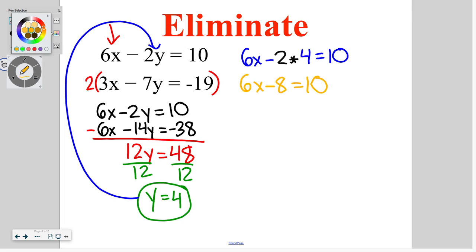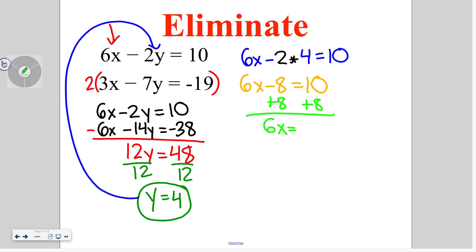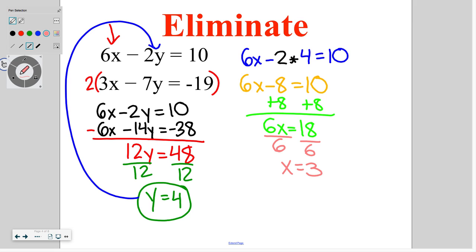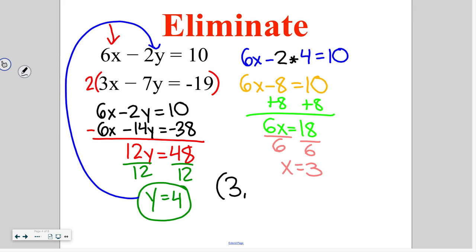I'm going to go ahead and add 8 to both sides, giving me 6x is equal to 18. And then I need to divide both sides by 6, giving me an answer of x is equal to 3. So I've got a final answer of 3, 4.